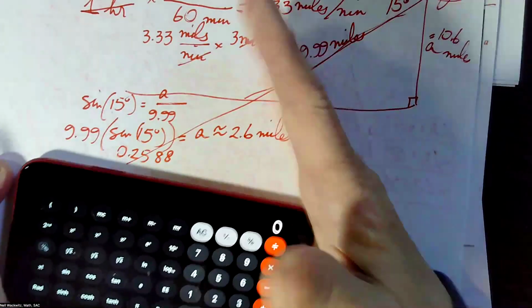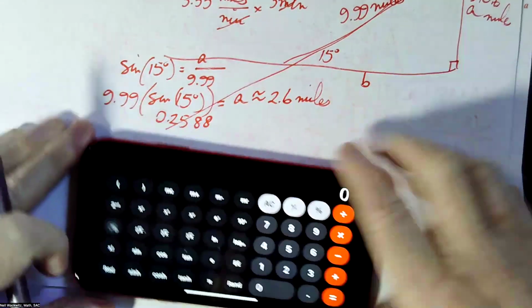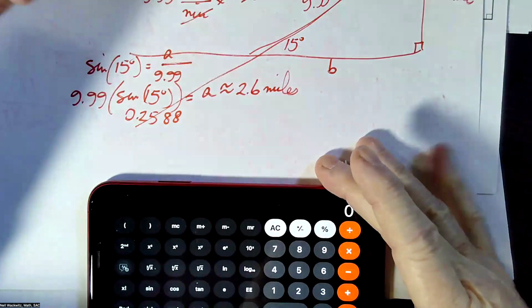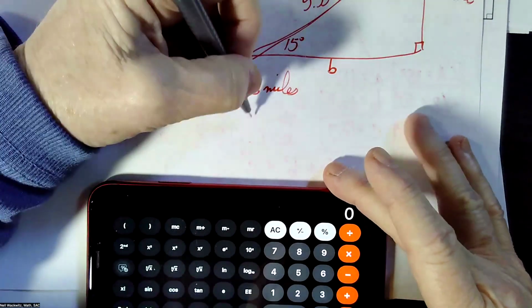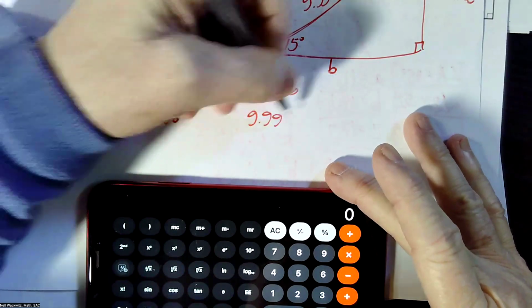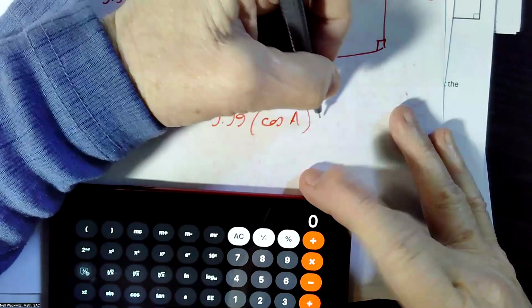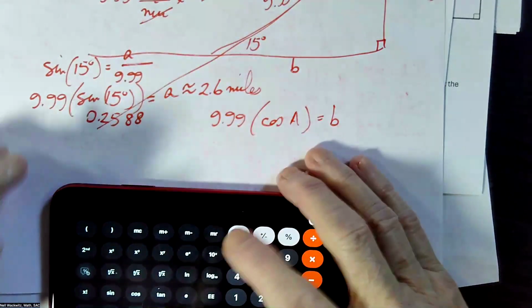To find the horizontal distance, we're going to take cosine. So I've got 9.99 times the cosine of A will equal little b.